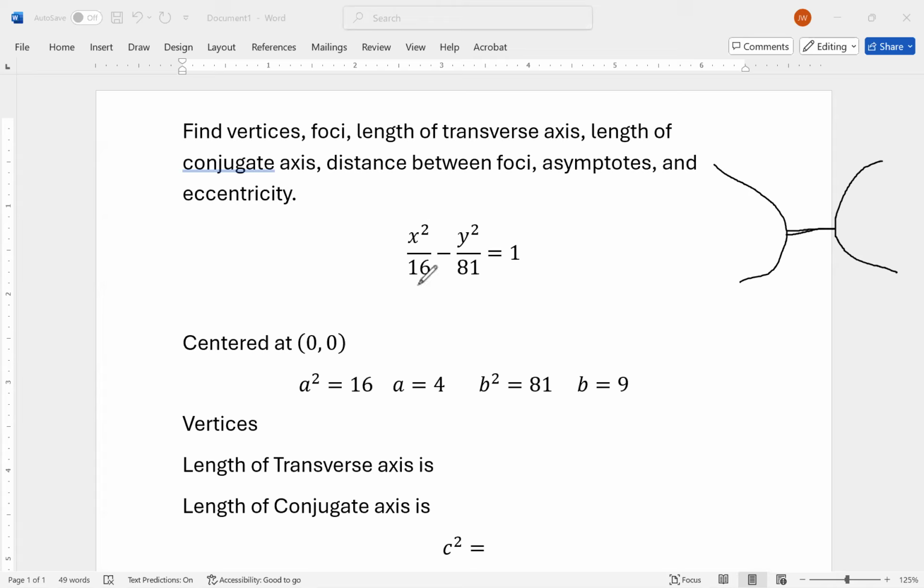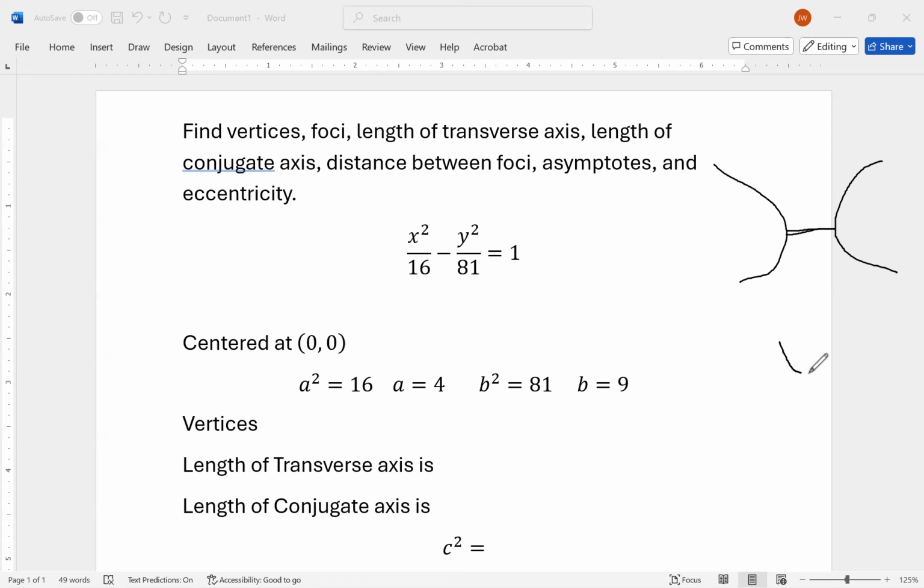And the reason I know that is because if I plug in a 4 for my value of x and a 0 for my value of y, I will get 1 is equal to 1. However, if I plug in a 0 as my value for x, then I would get a negative number equal to positive 1, which can't happen.